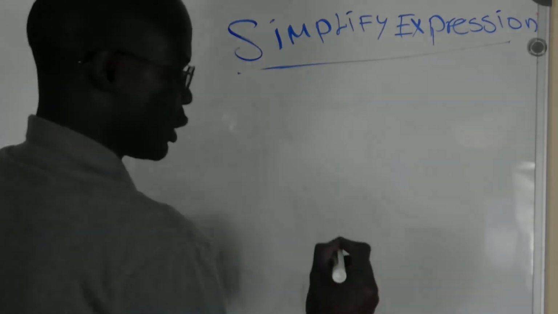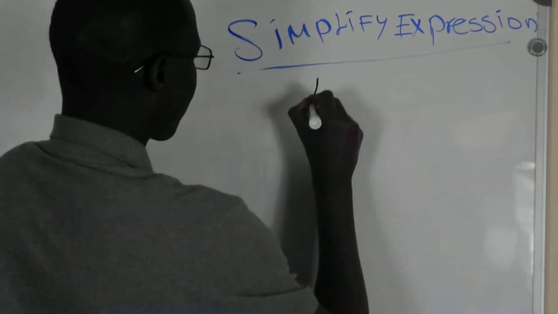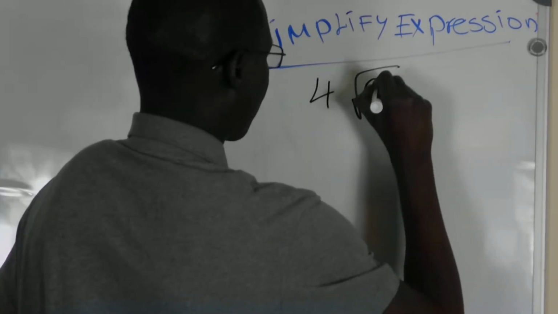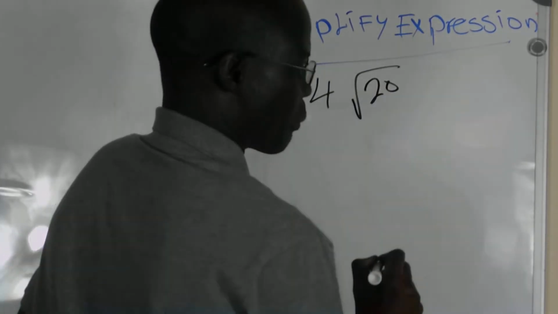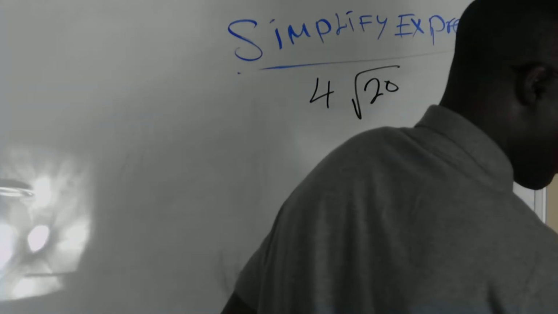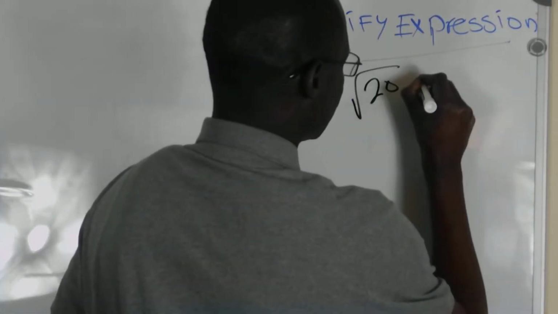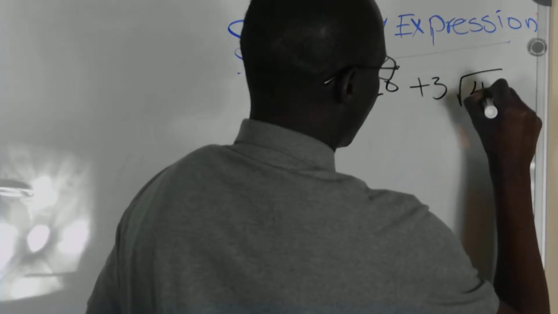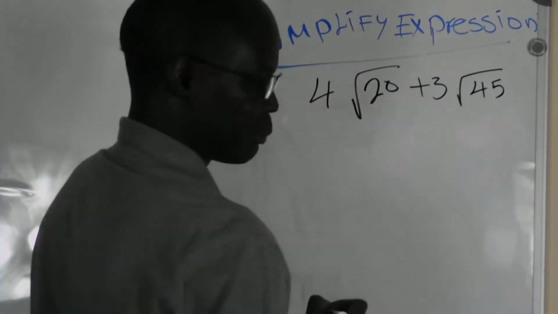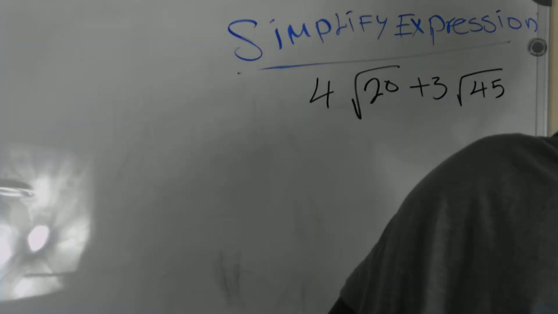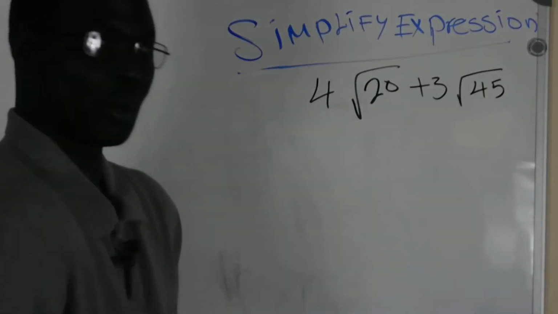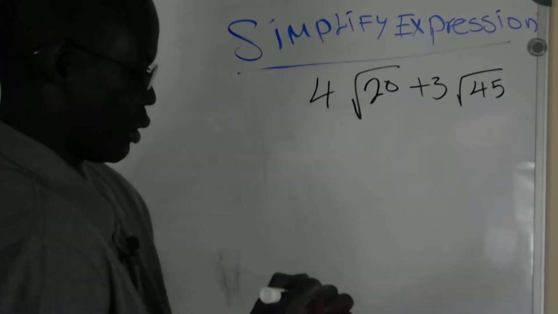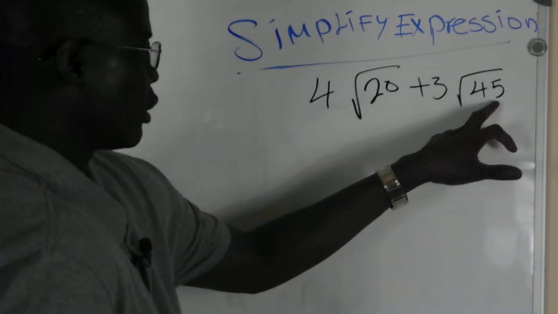Another question is 4 root 20 plus 3 root 45, I believe. If we want to simplify what we have here, this is 20 and this is 45.